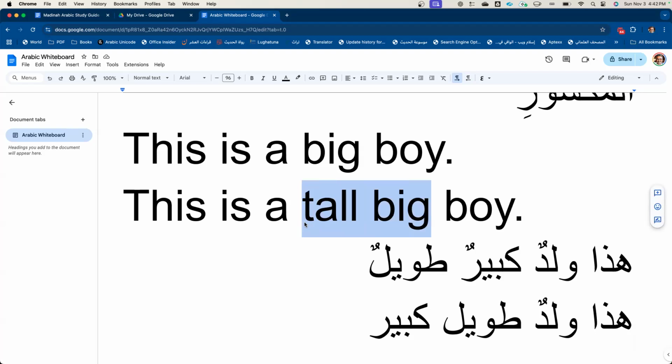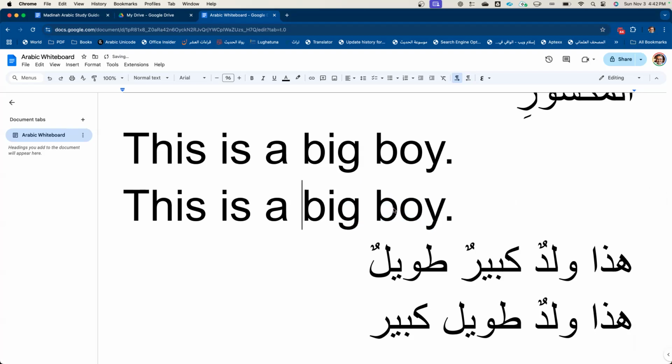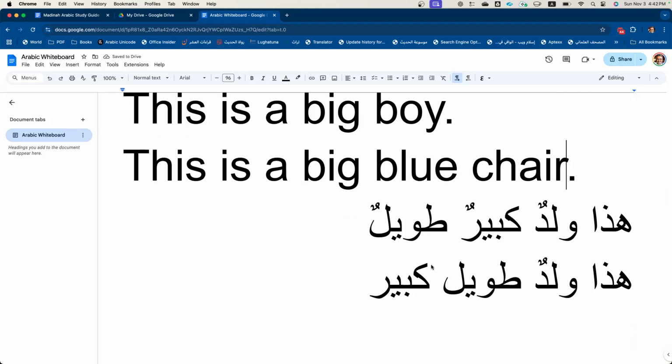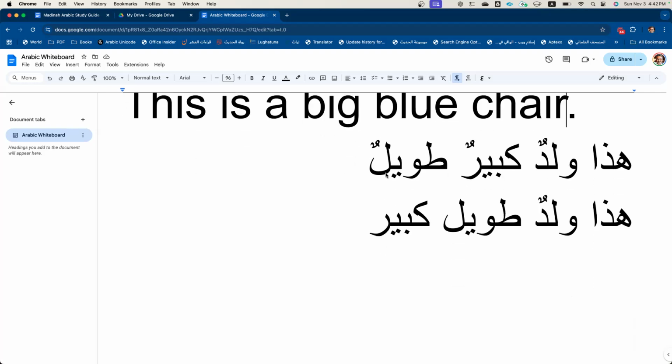But if I say this is a big blue chair, now I'm introducing a new type of adjective. I won't say a blue big chair. So in English, it matters, but in Arabic, it doesn't matter.